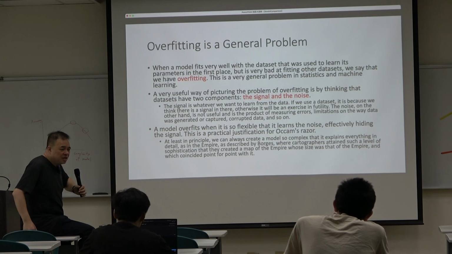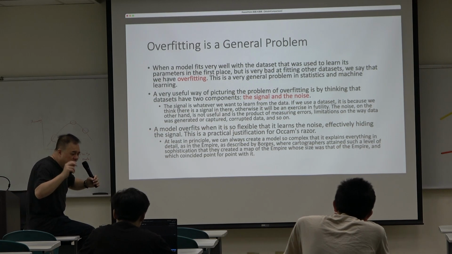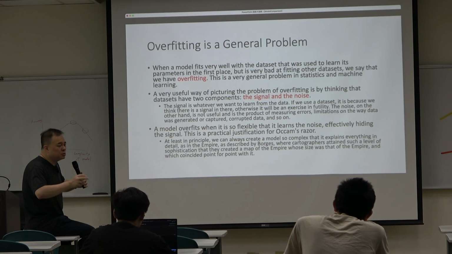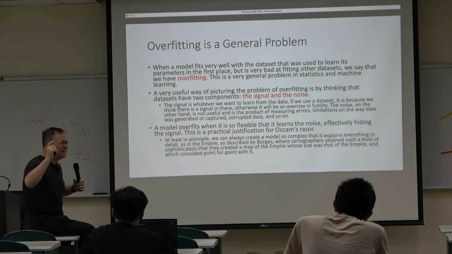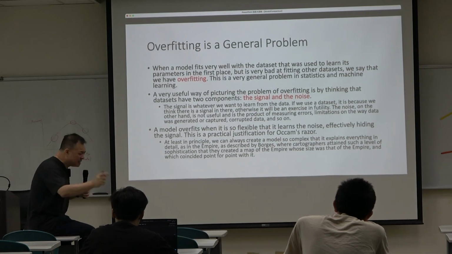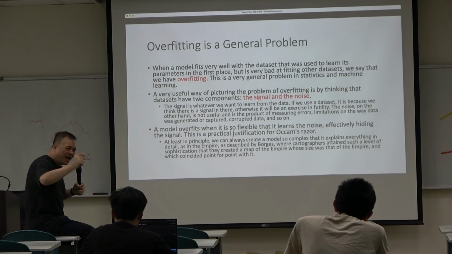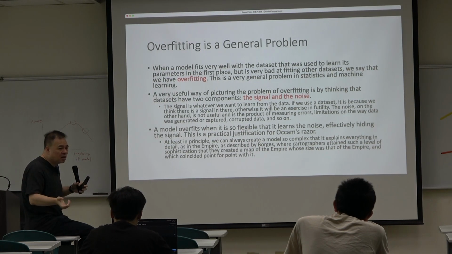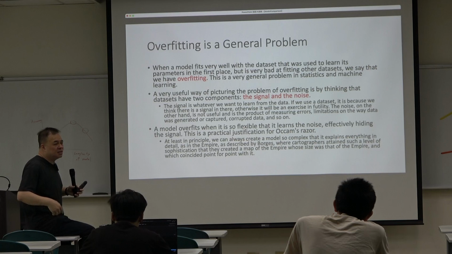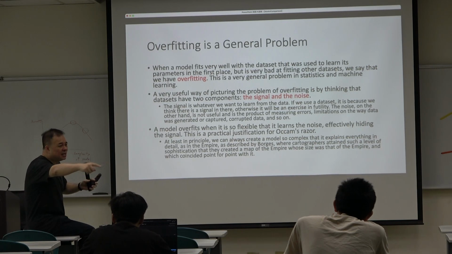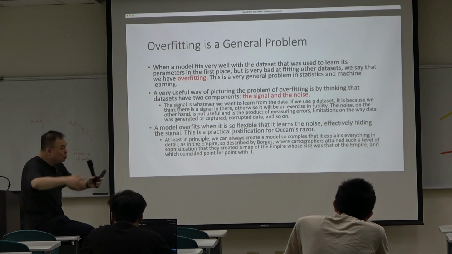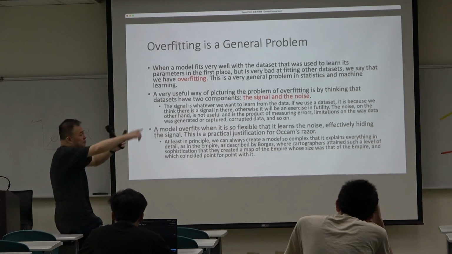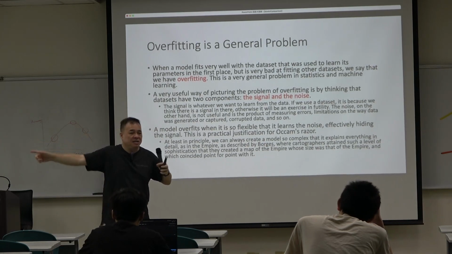The emperor asked for the map to be as detailed as possible so that it captures everything in his empire. It turns out that map is the size of his empire. It's huge, as big as his empire.